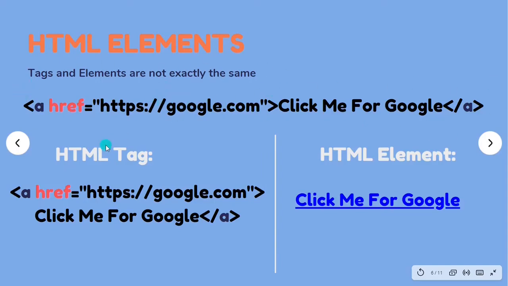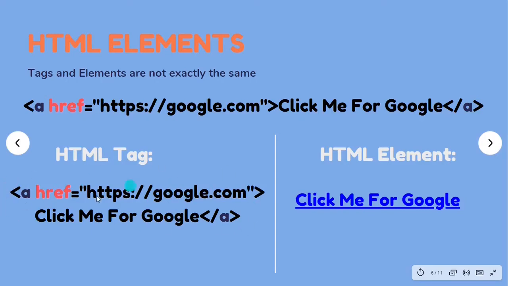When you type in HTML into your editor, which in our case is VS Code, you're actually creating HTML tags. So this is what we'll be typing into VS Code, and this is what the HTML tag is.